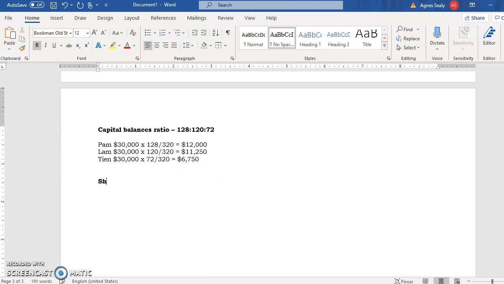So how do we work out our share premium? We have ordinary share capital of $310,000 and preference share capital of $30,000 so far.